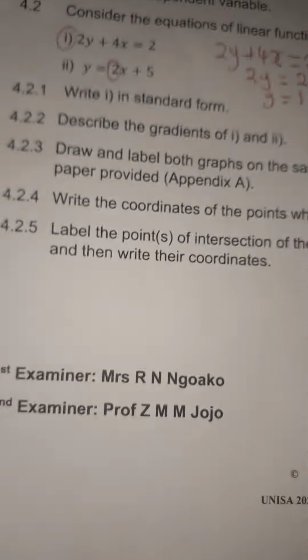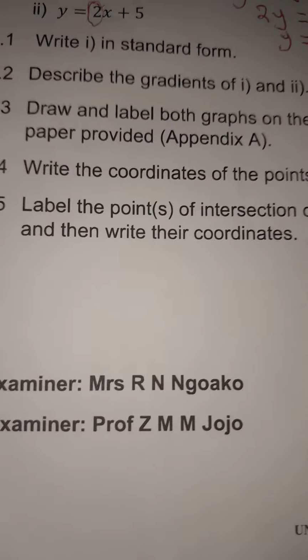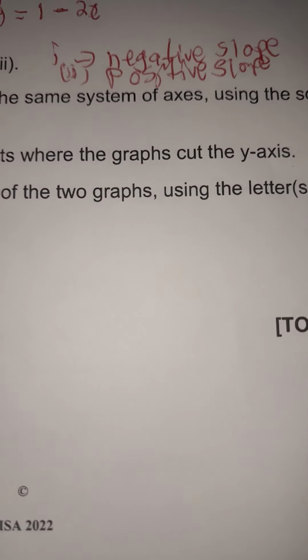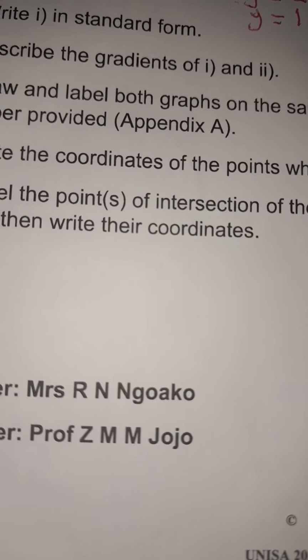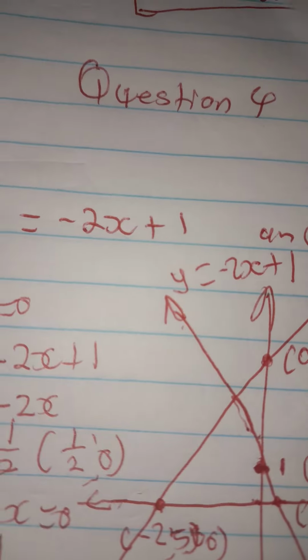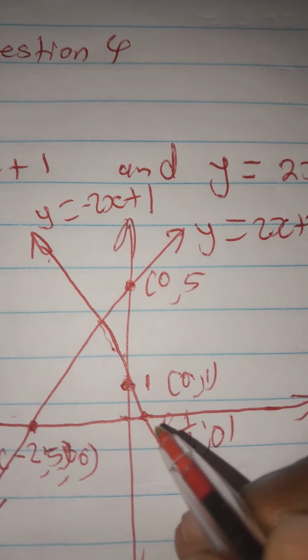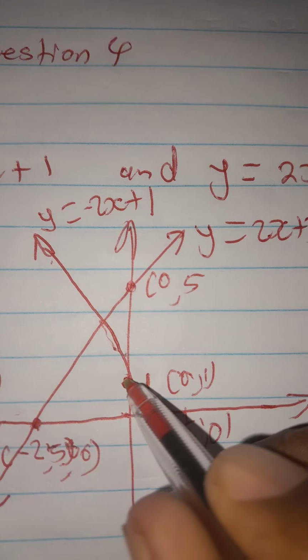Then at 4.2.4, they said write down the coordinates of the points where the graph cuts the y-axis. Okay, where they cut the y-axis. In this case, it will be where it cuts the y-axis.